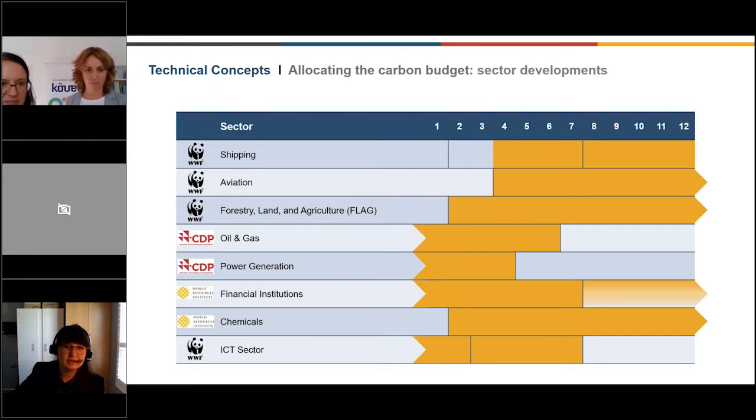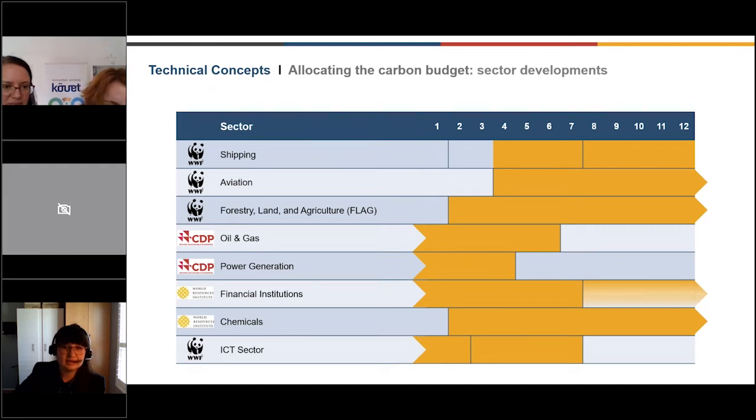We've also got a project led by WWF. You can see the organizational leads on the left-hand side, which will look into agricultural, forestry, and other land use emissions aligned with the greenhouse gas protocol build out. That's a longer-term project into 2021.